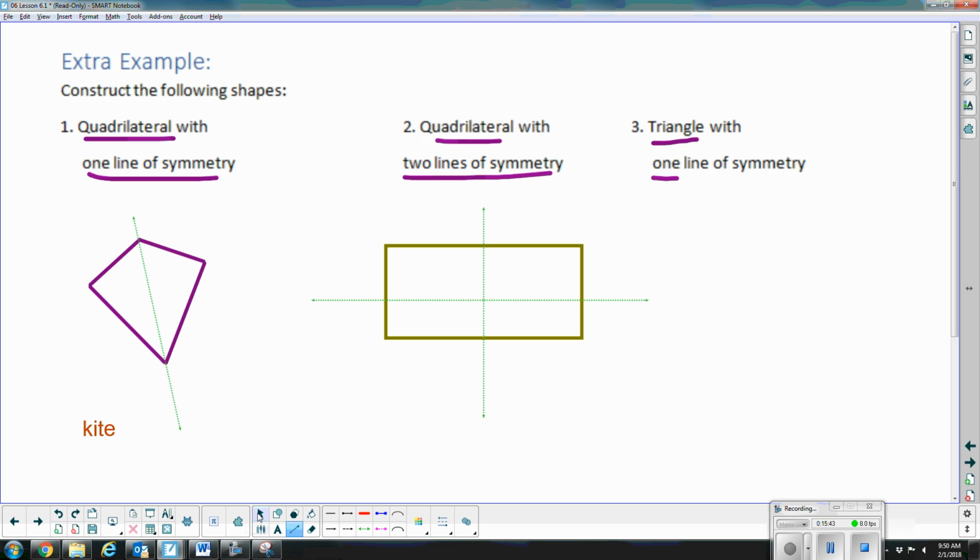But if I drew a square, I would have 4 lines of symmetry. Okay, because here my diagonals are not lines of symmetry. Yes, they divide the quadrilateral into 2 congruent triangles, but it's not a line of symmetry.